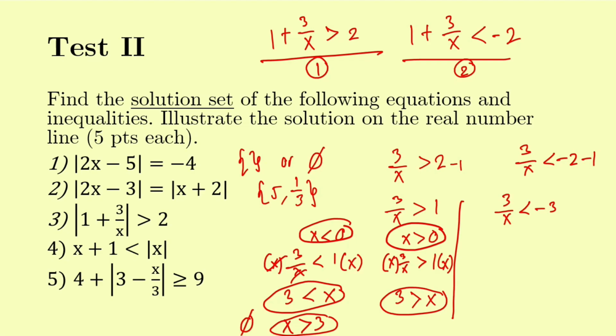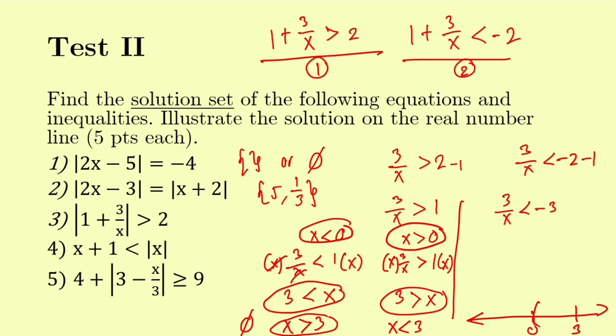Sa kabila, x is greater than 0 and x is less than 3. Possible ba yun? Pwede siya. So, less than 3, if you're going to visualize the number line, it's 3, 0.